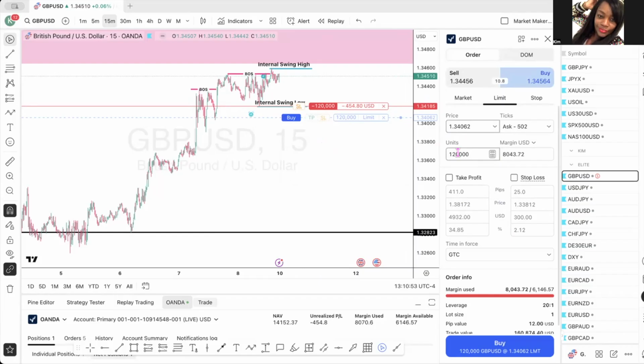A dollar a pip is 1,000 units. Wait a minute, 10,000 units is a dollar a pip. 100,000 units is $10 a pip. So 120,000 is 1.2.